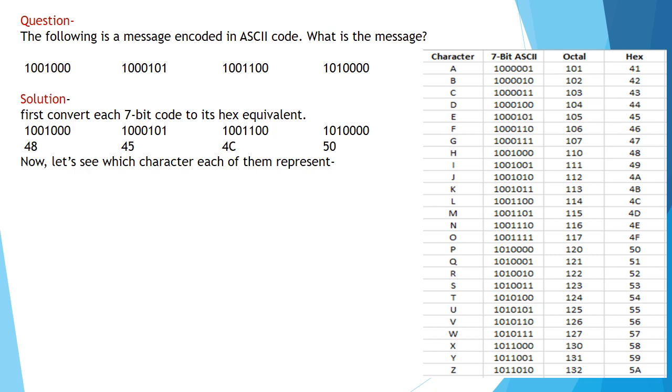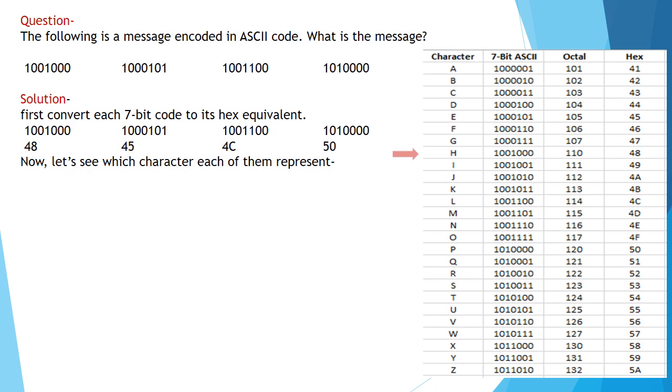Now let's see which character each of them represents. 48 represents which character, 45 represents which character, 4C is for which character, and 50 is for which character.